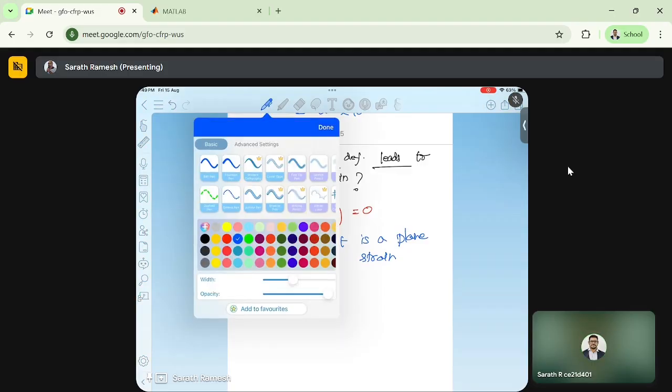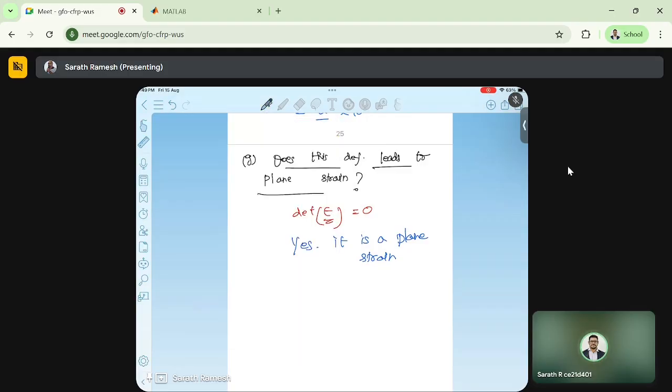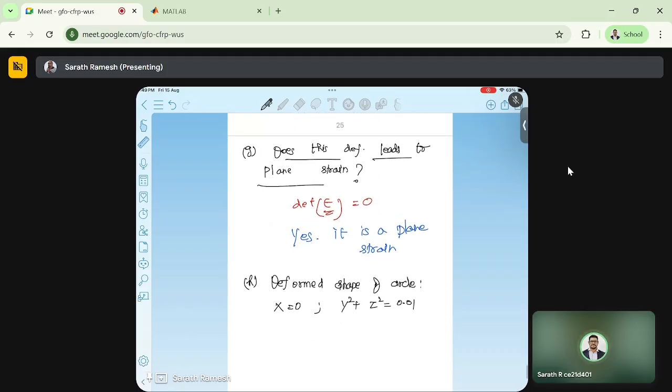And finally, we have to find the deformed shape of the circle x equal to 0, y square plus z square equal to 0.01. For this we need the deformation field, but in the question only the displacement field was given.